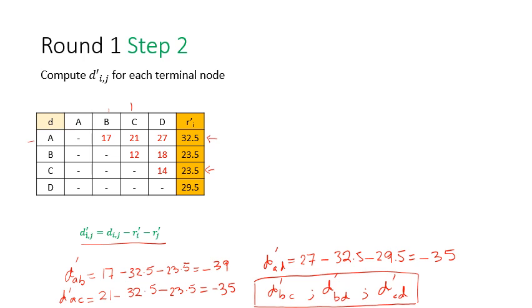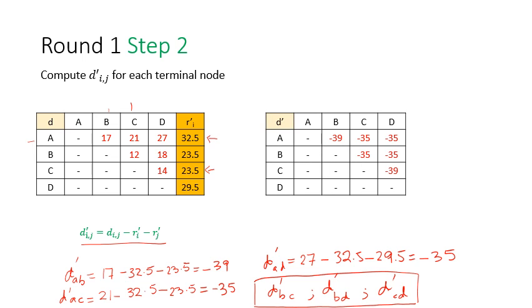So once you have computed these values, an updated distance matrix d prime can be made with values that are now corrected for different evolutionary rates between different species.